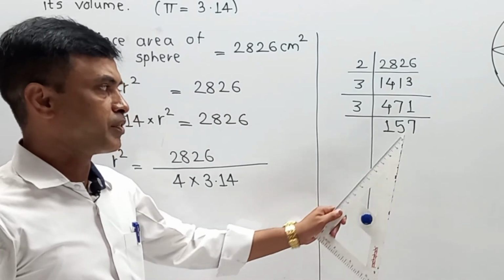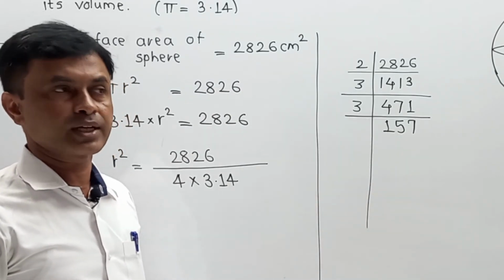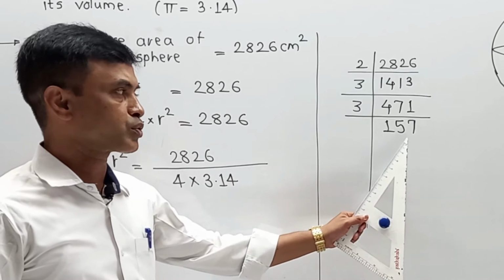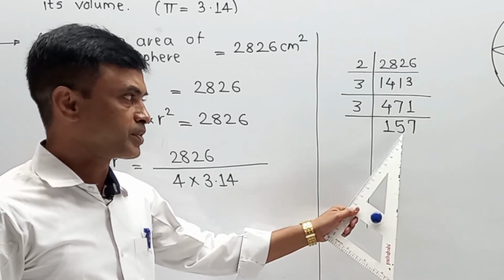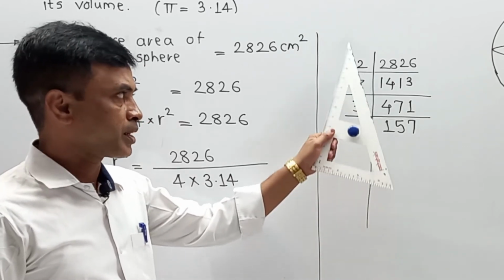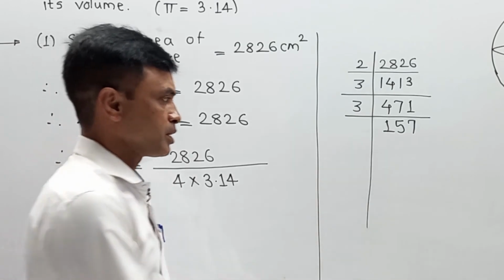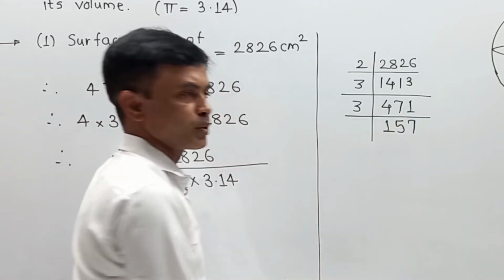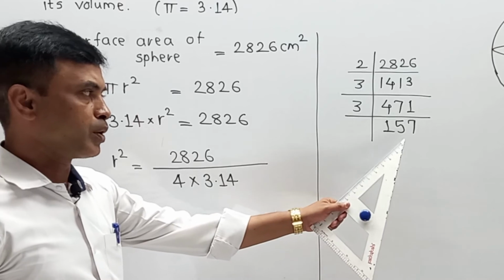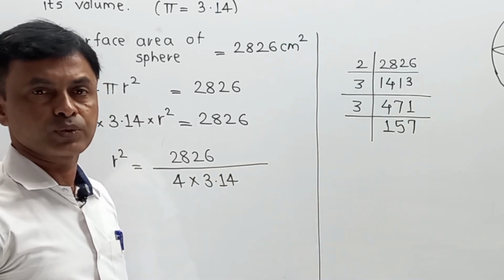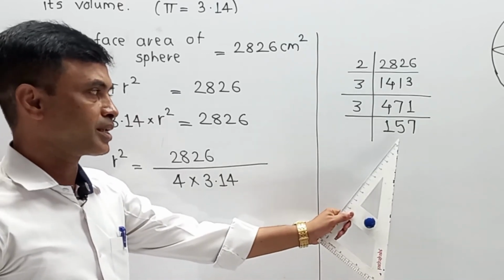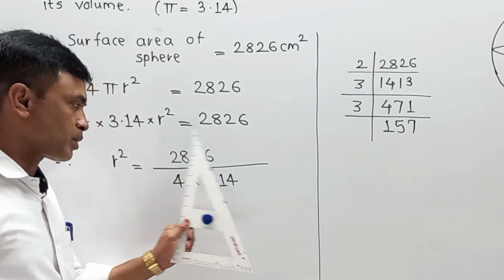Now when this number 157 comes, maximum students get confused over here because they cannot solve more than that, because 157 is almost a prime number. So how to represent that part? This is the first step where you are able to reach. We cannot solve further beyond that. Now try to understand this logic.